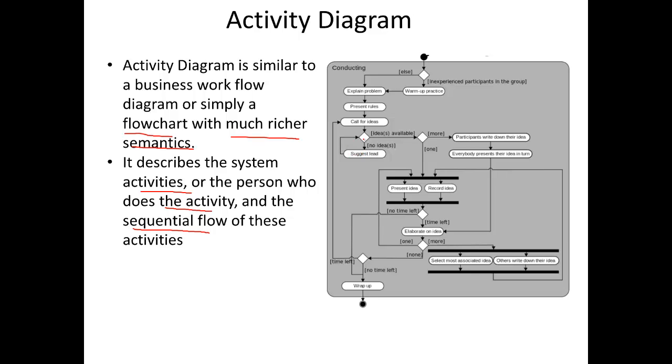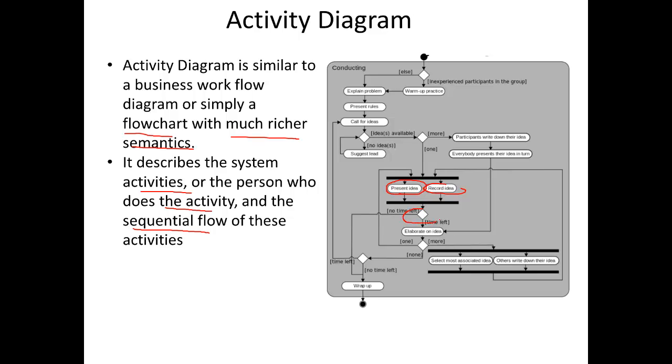Then go back. When you come here, we also make a choice to go to this activity or directly go to the next step. If the condition is satisfied, we do the next activity. Okay? Then we have the activity here, present idea, and record idea.